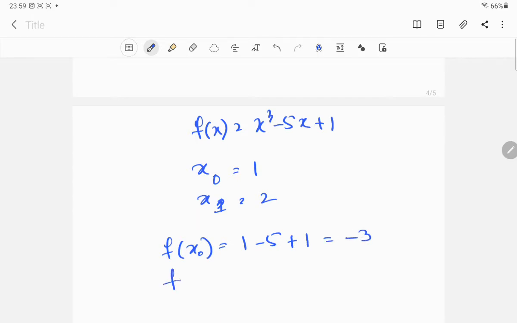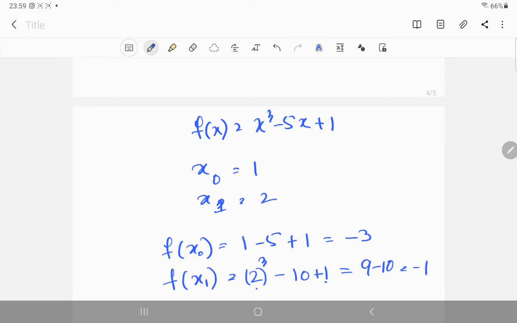And f(x1) means 2 cube minus 5 into 2 plus 1, so 8 plus 1 means 9 minus 10 means minus 1.